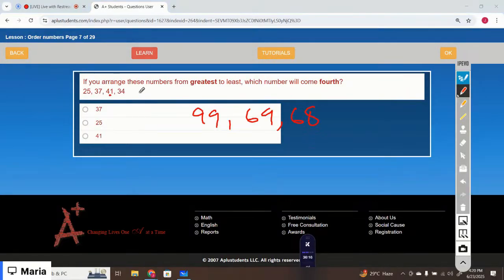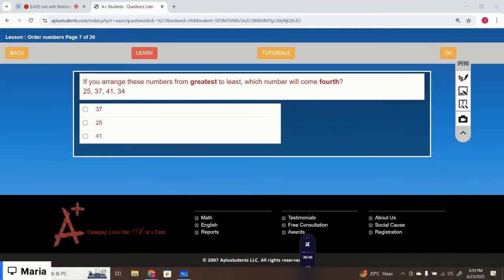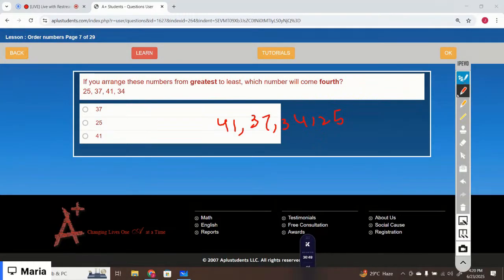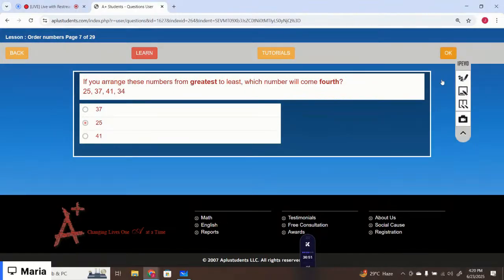So which number is correct? 49, 37, 34, and 35. So the fourth one is 25. Option is 25.